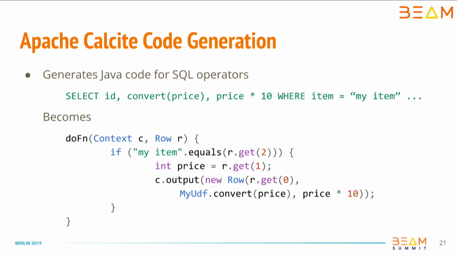But under the hood, Beam takes heavy advantage of schemas. And actually, let's go back a couple. This get operator is actually from schemas, and row is effectively a schema type that is represented as an array.